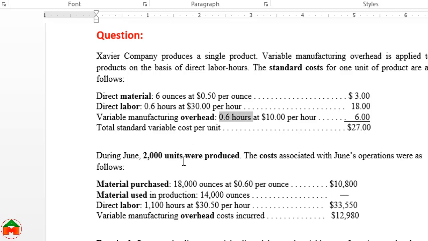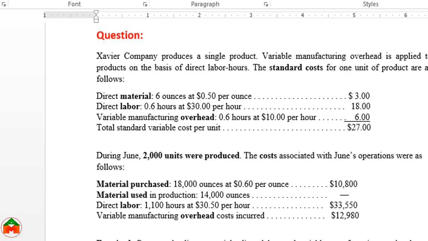So again, for solving the math we have to calculate the standard quantity for material, labor and overhead by multiplying by the actual activity.